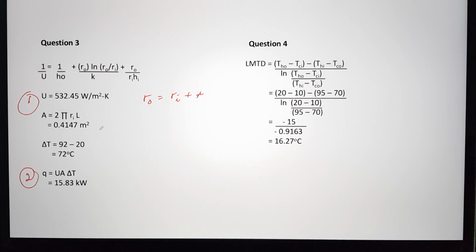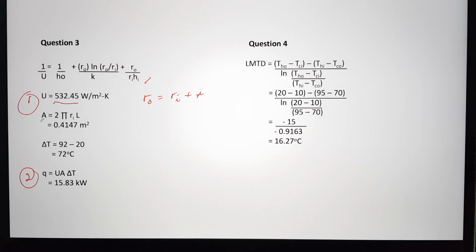For the overall heat transfer coefficient for the pipe, use the same equation, this one involving the tubing: 1 over H0 plus R0 ln(R0 over Ri) divided by K, plus R0 over Ri Hi. Then the value of U, you are supposed to get around 532.45 watt per meter square Kelvin.